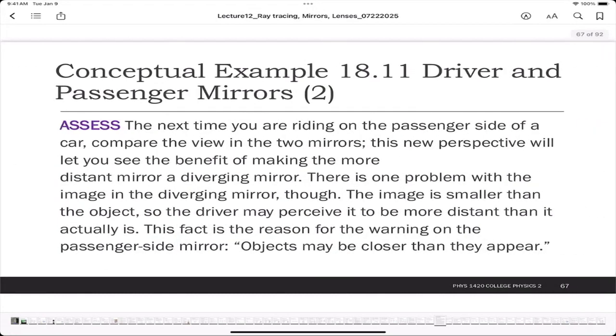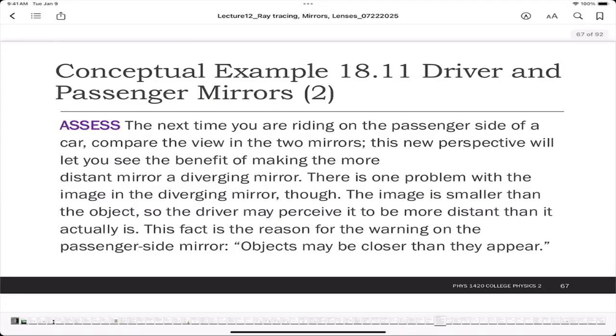Okay, let's do an exercise for this example. The next time you are riding on the passenger side of a car, compare the view in the two mirrors. The new perspective will let you see the benefit of making the more distant mirror a divergent mirror.